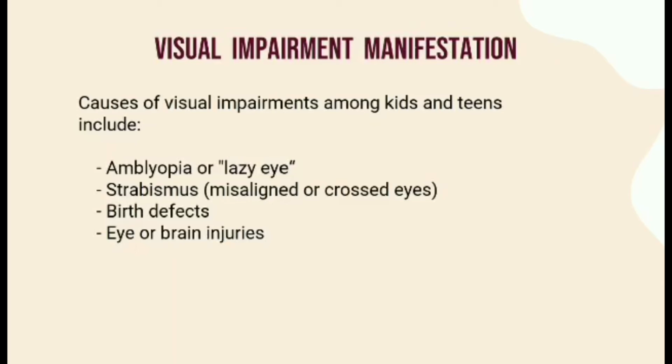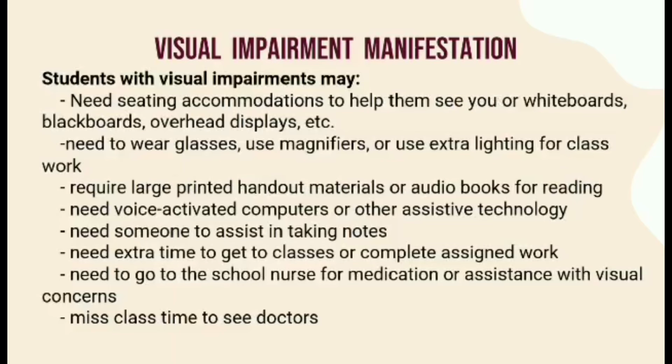Next, strabismus, or cross eyes. This is a condition in which the eyes do not properly align with each other when looking at an object and can alternate. Next, birth defects and eye or brain injuries.